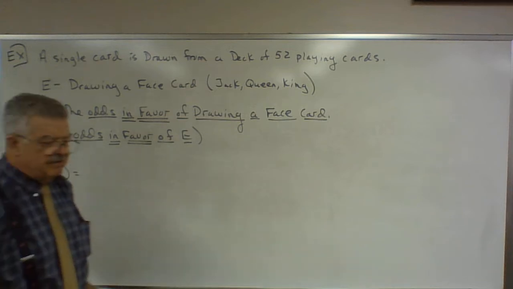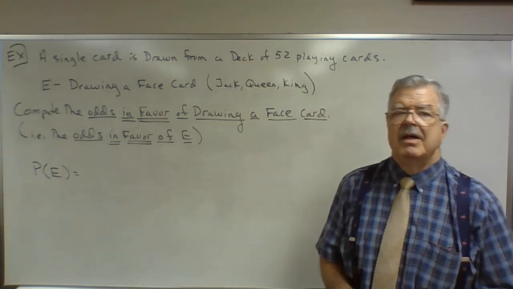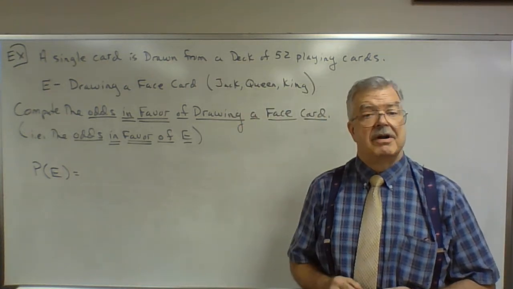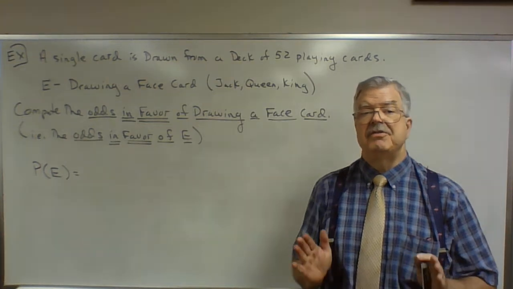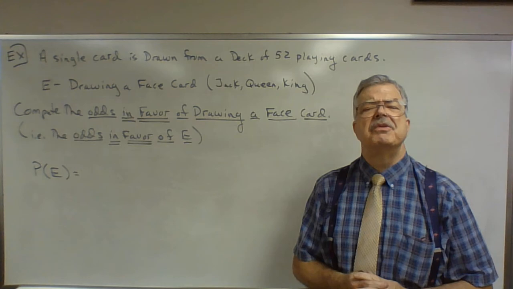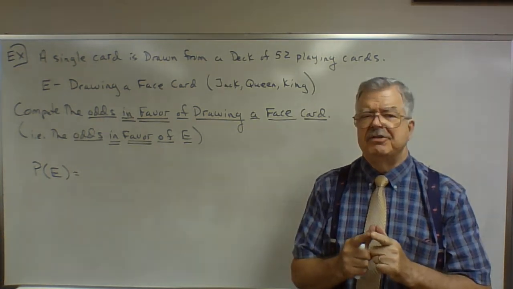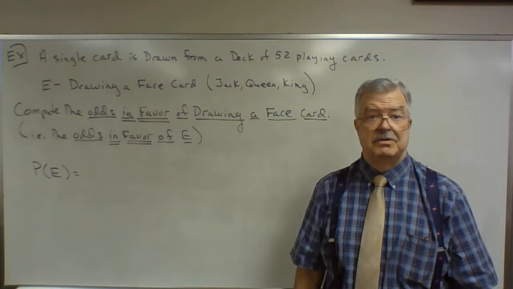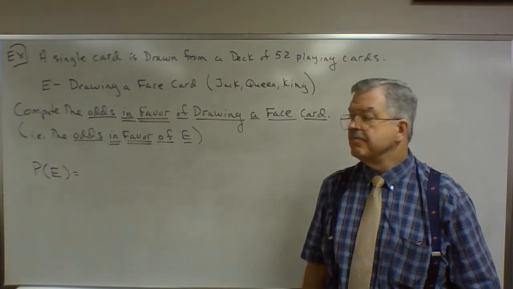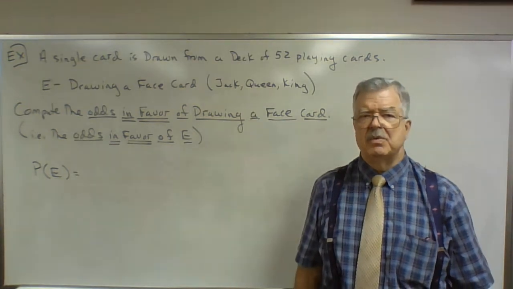And notice that we're picking one card. There are 52 cards in a deck, so there are 52 possible outcomes. And the deck's shuffled real good. Every one of those cards is equally likely to be chosen. So each of these outcomes is equally likely.